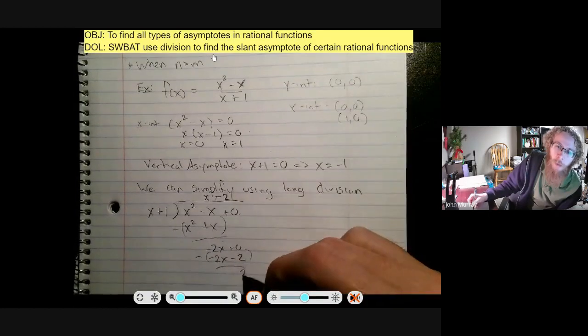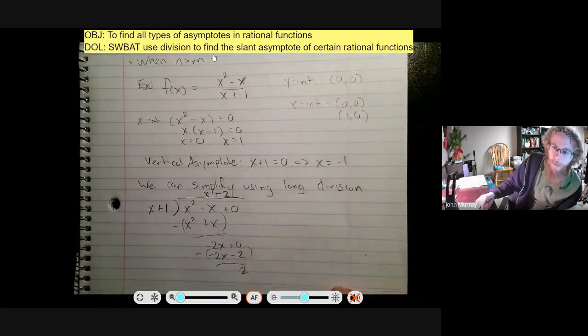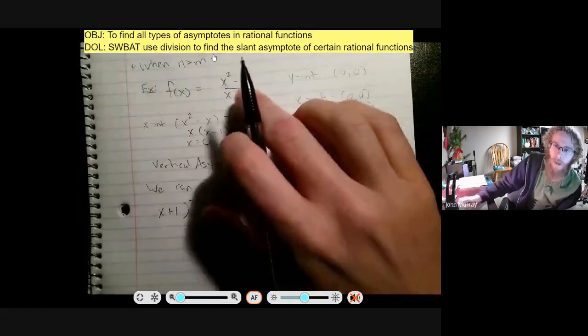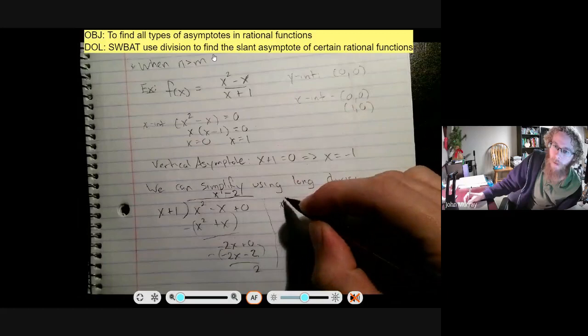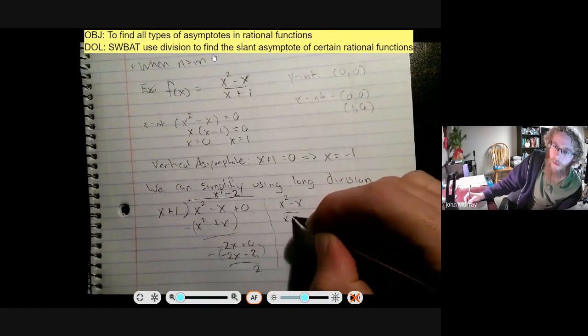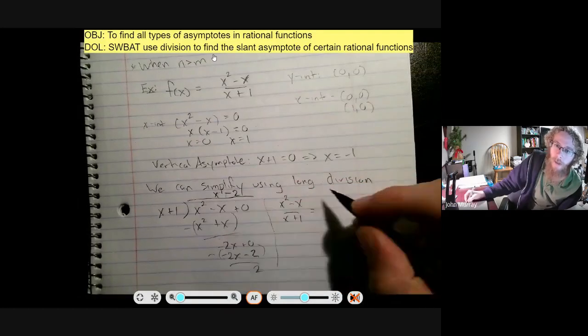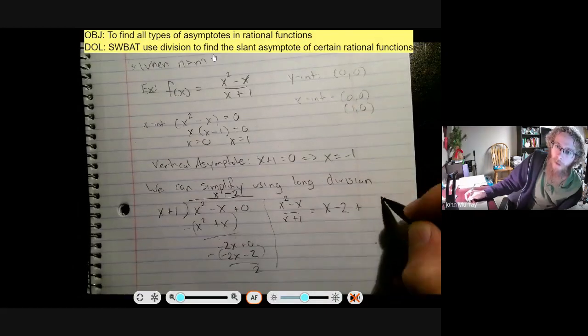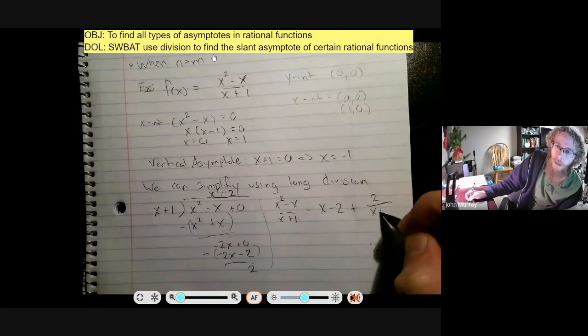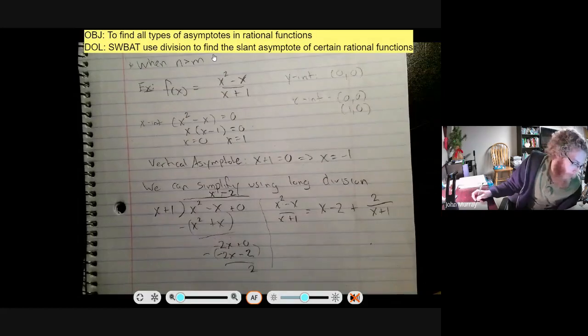We subtract that. I have a remainder of 2. So I can rewrite my original function as x minus 2 plus 2 over x plus 1.